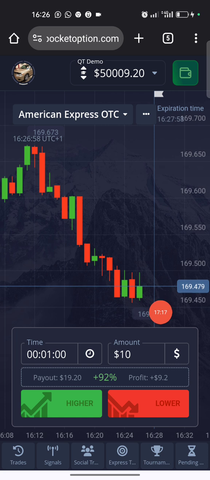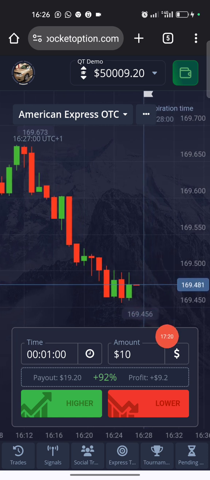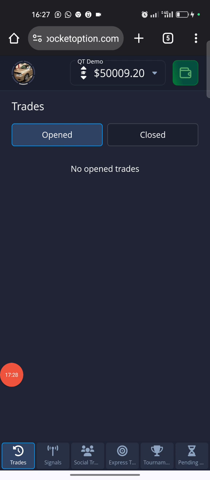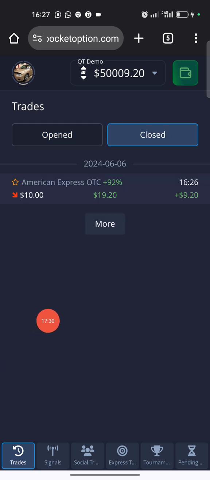I think we made a loss on this particular trade. So how do we check it? We just click on the trade here, click on closed, and open it. You can see I think we made $9 profit from this particular trade. So that means my prediction on sell about this particular pair is very correct.